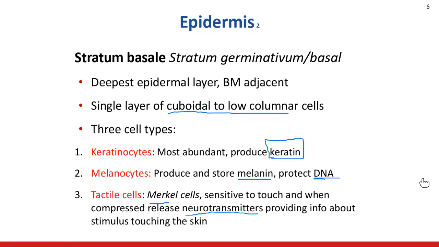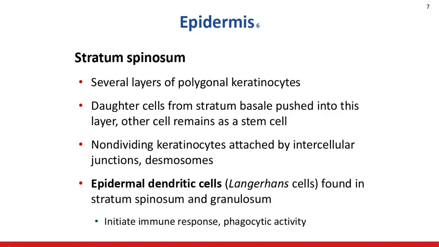These neurotransmitters then will stimulate those receptor cells, and then they'll send some sensory input to your central nervous system, right? Usually it's going to transmit information regarding light touch, discriminative touch. We get to talk more about the tactile cells in chapter 16, all right? So just be familiar with those three cell types.